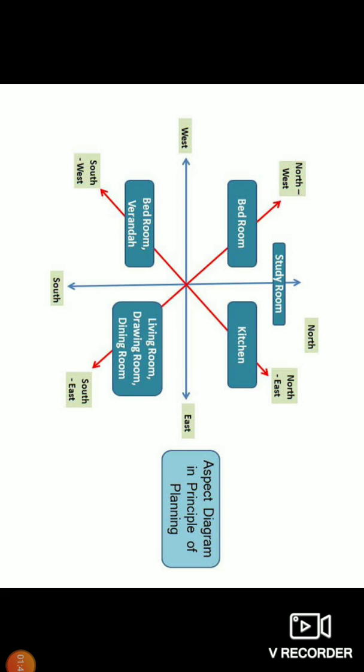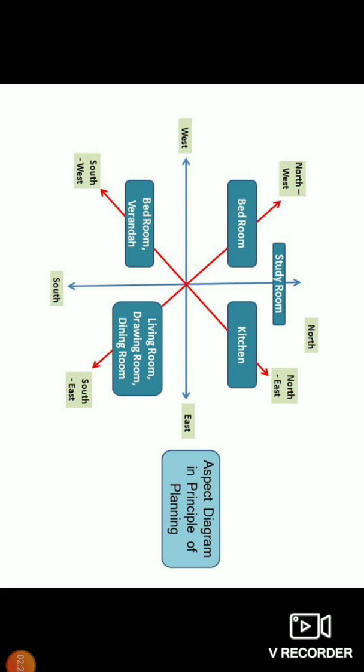So it can be seen that the eastern aspect will be the most suitable for kitchens, because the room receiving the light from a particular direction is said to have that aspect. The early morning sun rays will bring a hygienic environment in the kitchen and refresh and purify the air. Similarly, the kitchen will remain cool in the latter part of the day.